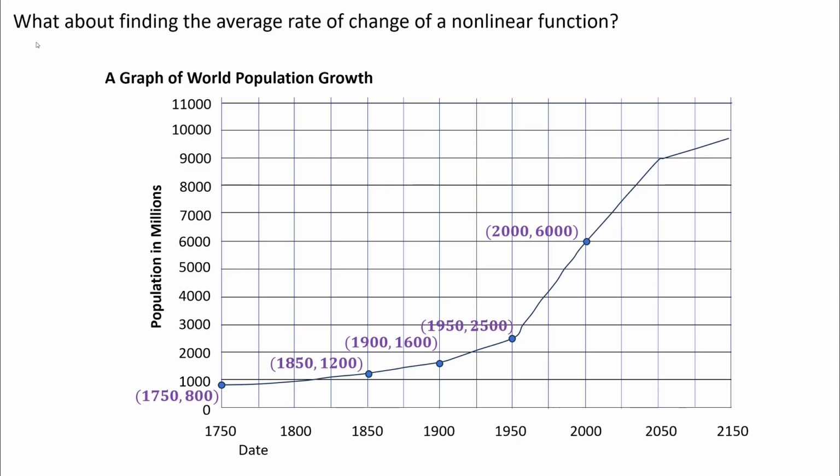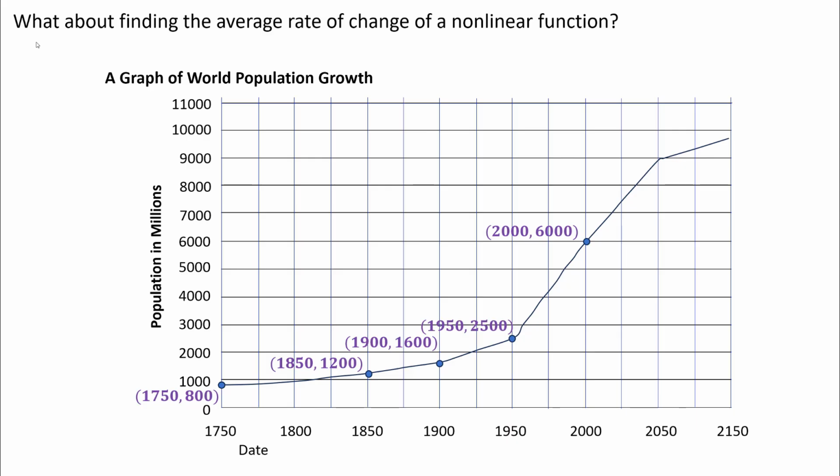So like here, you've got the world population growth from 1750 and then predicted to 2150. You can see that the average rate of change from 1750 going to maybe 1900 is pretty slow. It's not changing very rapidly. And then suddenly from 1950 to 2000, it just shoots up very quickly.